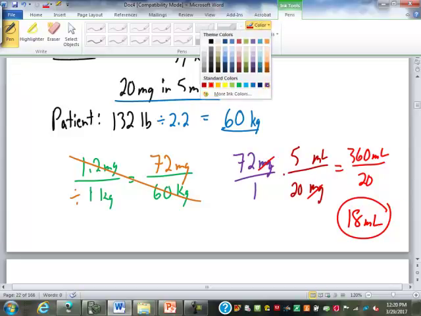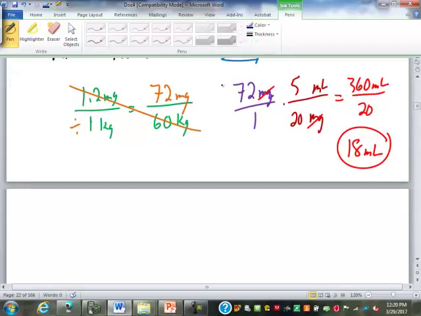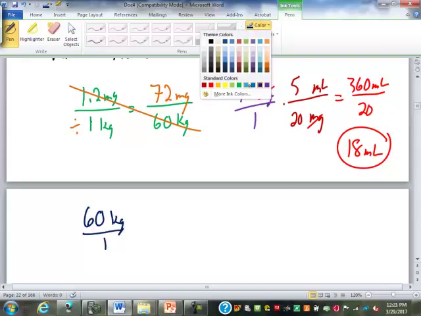As I mentioned, that might be one spot where it would be simpler to start out with just the 60 kilograms, put it over 1.